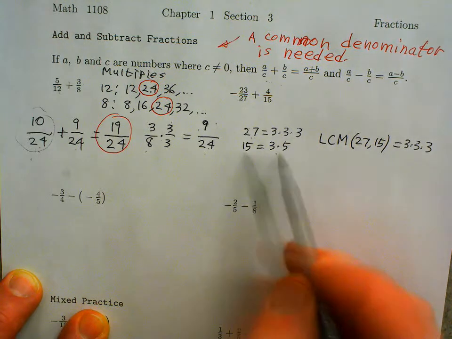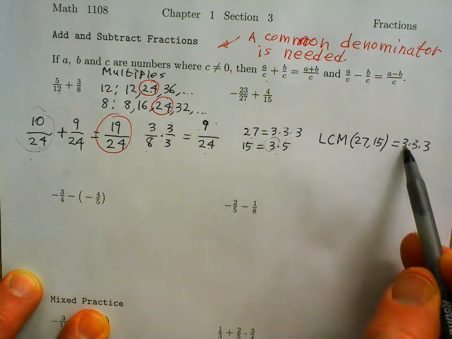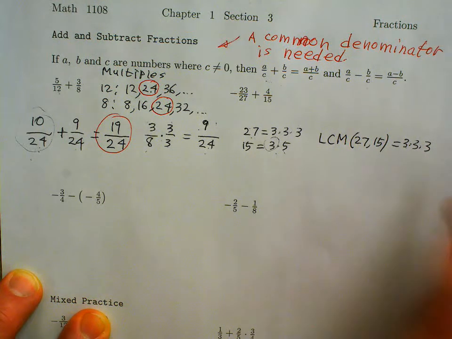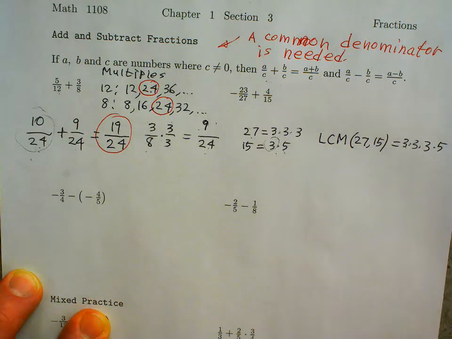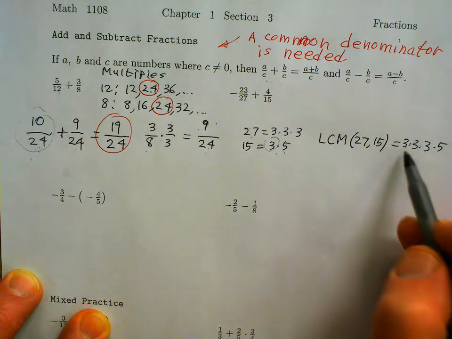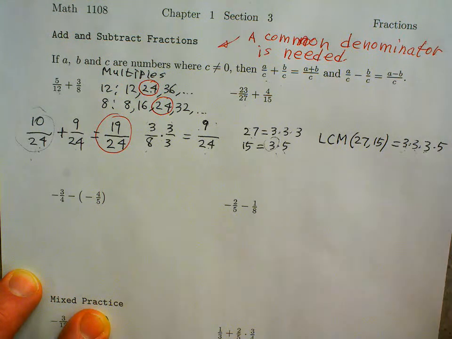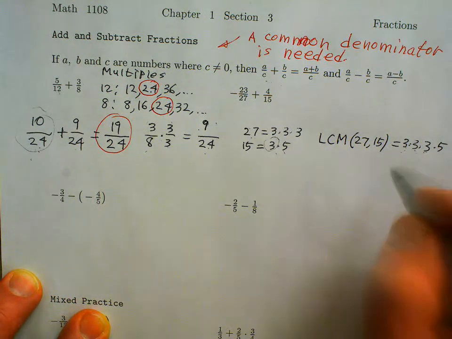For 15, 3 has already been accounted for, but the least common multiple has to also have a factor of 5. And then 3 times 3 times 3 times 5, 27 times 5 is 135.